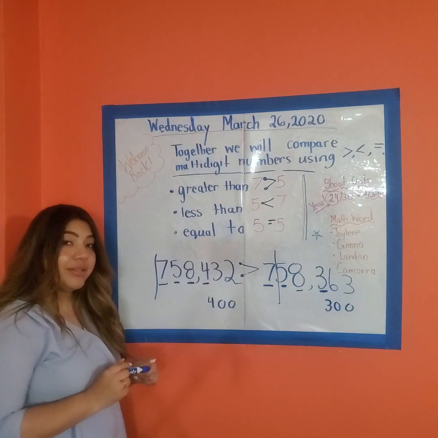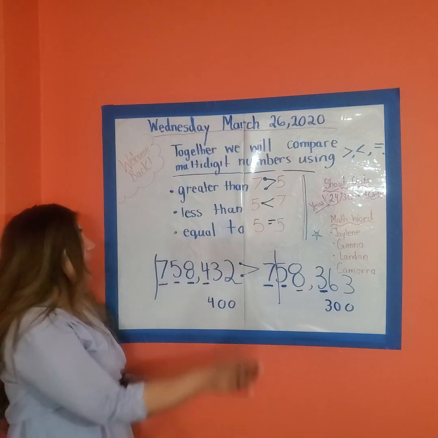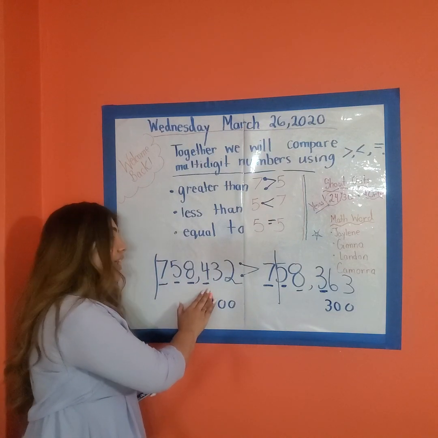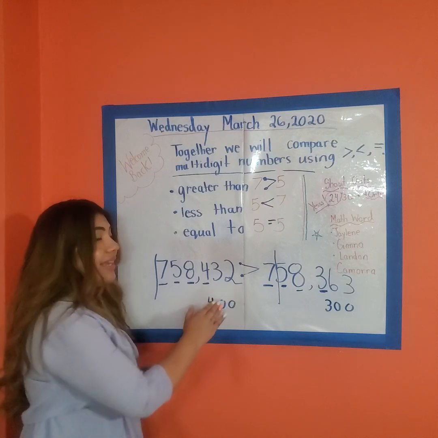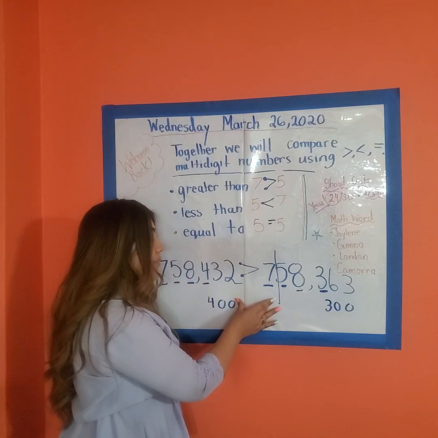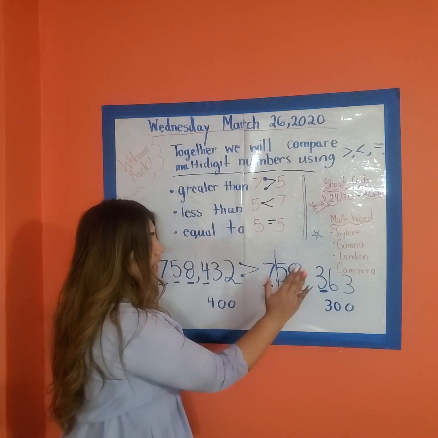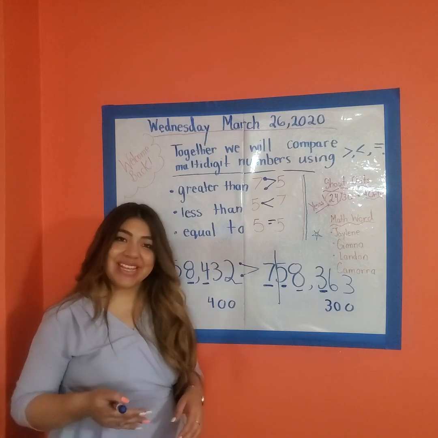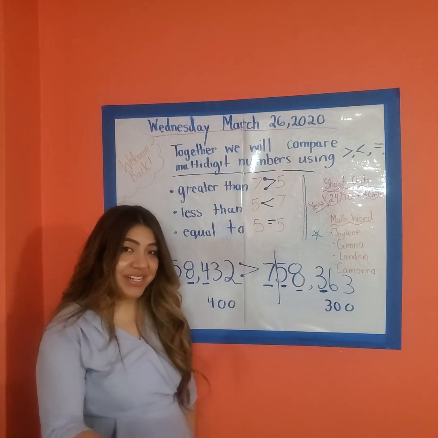So now we can conclude, and you can say this with me. 758,432 is greater, yep, than 758,363.